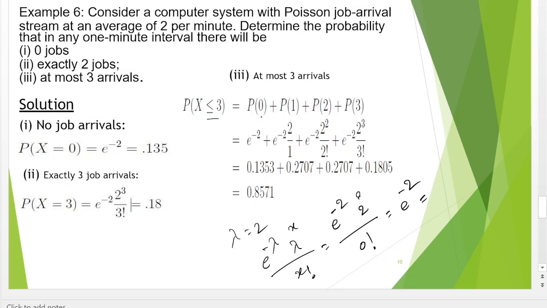Then the probability of x is 0 plus probability of x is 1 plus probability of x is 2 plus probability of x is 3. We substitute x is 0, 1, 2, 3 and lambda is 2 in the given formula. Then we'll get 0.8571 as the chance of the occurrence of at most 3 arrivals.